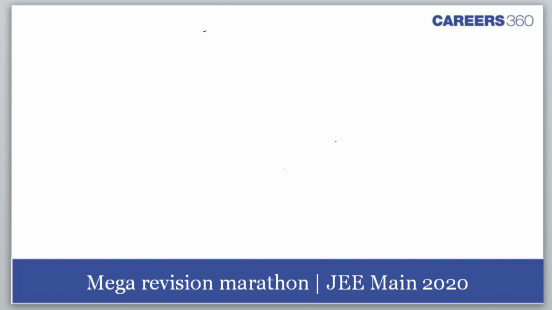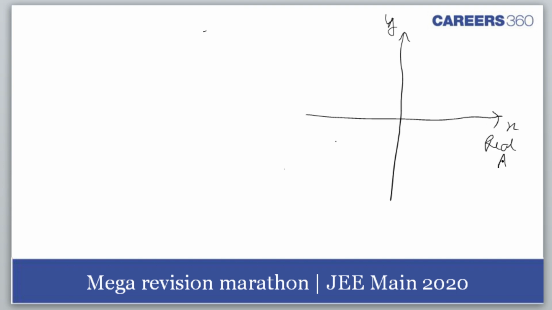Now I'm giving you the method how to find the argument of a complex number. Okay. So this is y-axis, let us say this is x-axis. Okay. Here in Argand diagram, this is known as real axis and this one is known as imaginary axis. Okay.